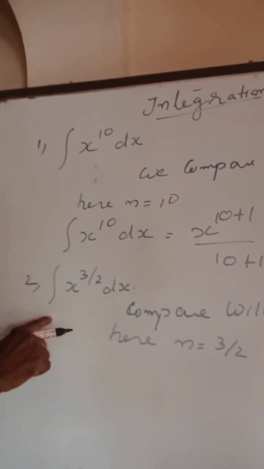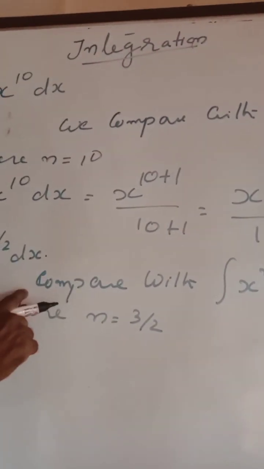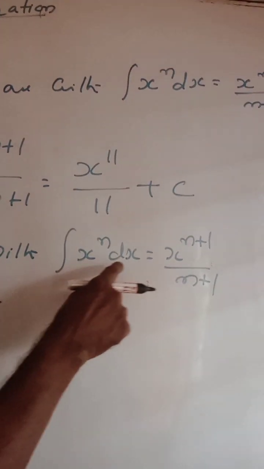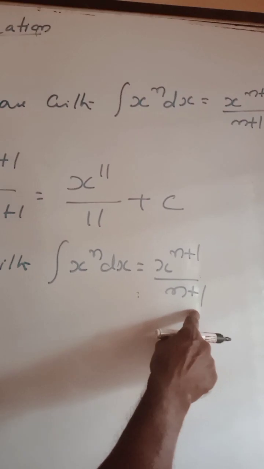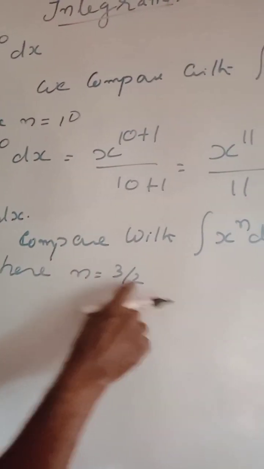Second question is integration of x raised to 3 by 2 dx. This also we compare with the result integration of x raised to n dx is equal to x raised to n plus 1 divided by n plus 1. Here n is equal to 3 by 2.